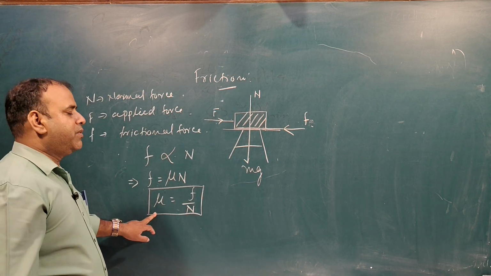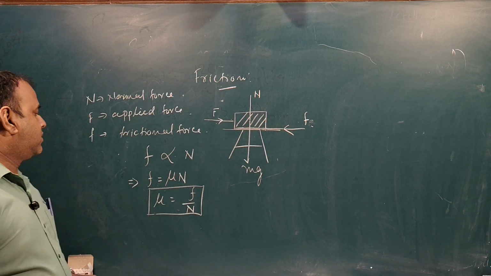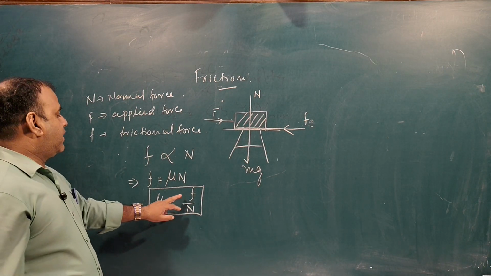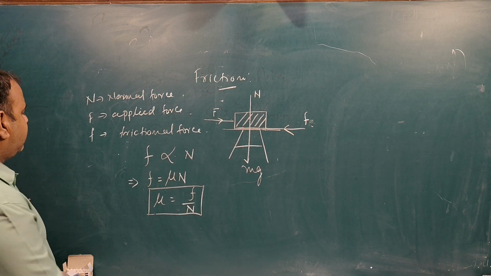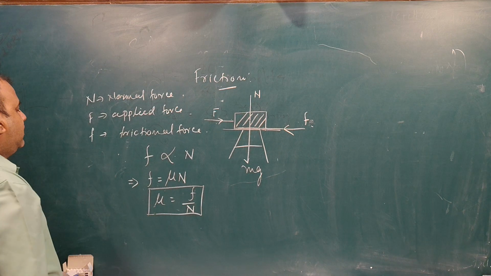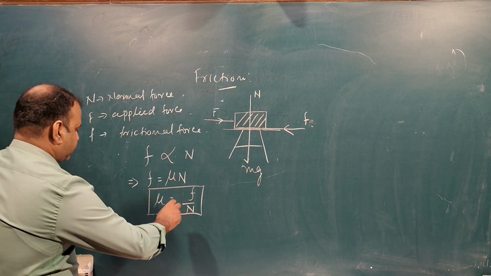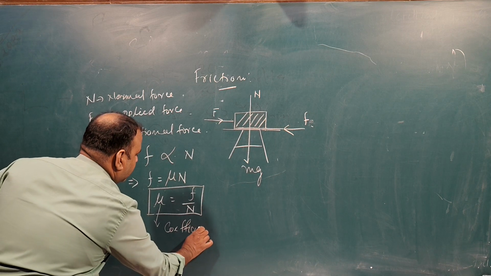The coefficient of friction is the ratio of frictional force to the normal force. So mu is equal to f divided by N.